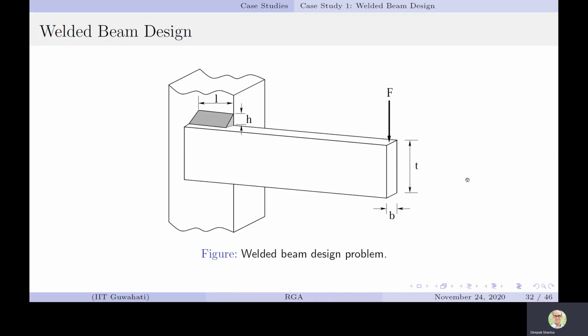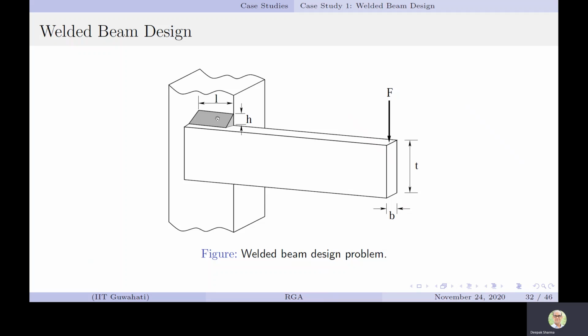The first case study is the welded beam problem. In this particular problem, we have a vertical bar and a horizontal bar. On this horizontal bar, the force is applied. We have to decide what should be the width B and T, the thickness of this.